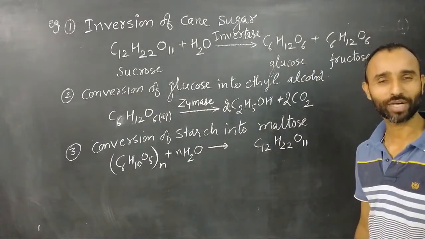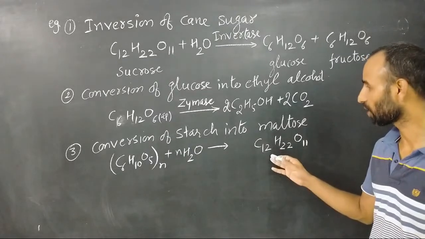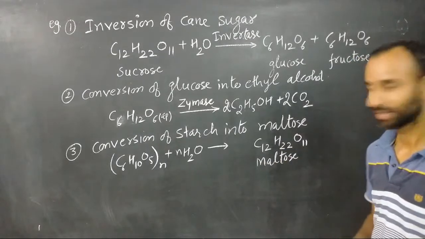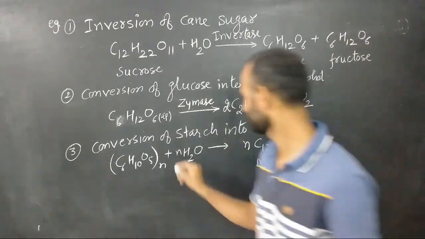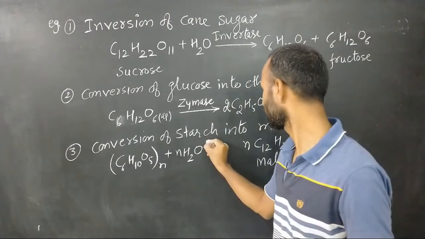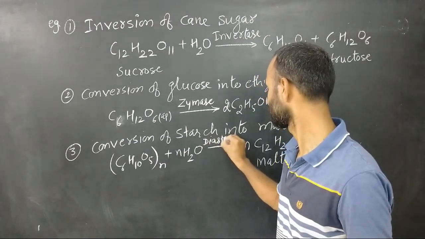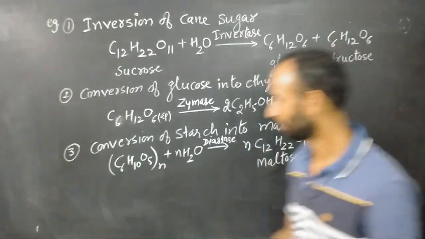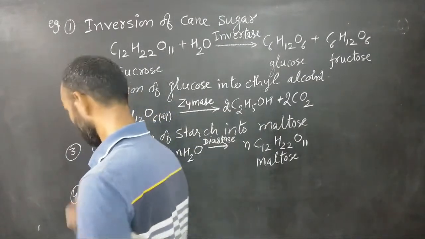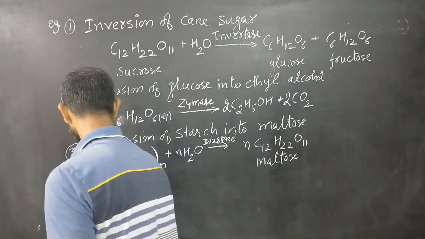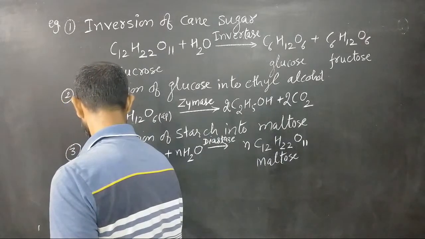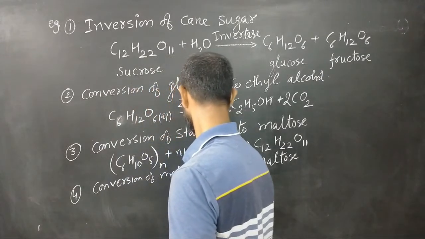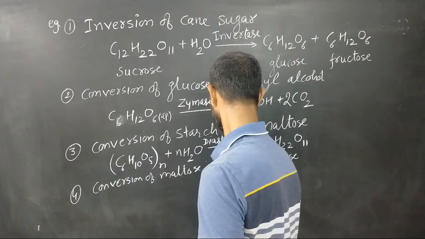Maltase is used for what? It is used to convert maltose into glucose. Now hydrolysis of maltose into glucose.